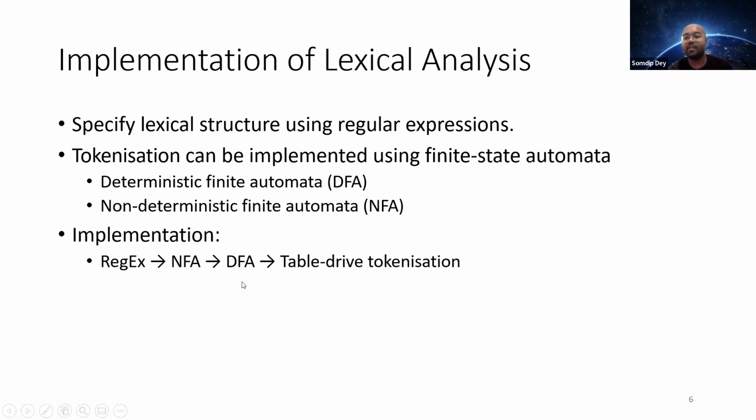And from the deterministic finite automata, when you know the states and the inputs, you can generate table-driven tokenization. Once you have created the table of states and transitions from the DFA, it is easier to create the tokens.